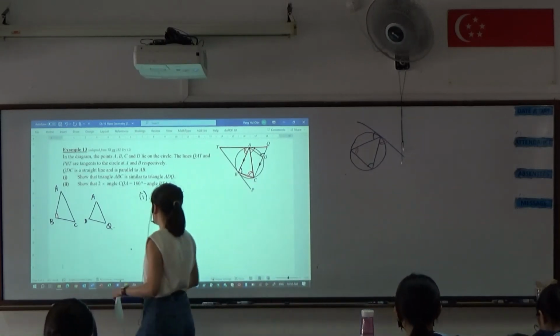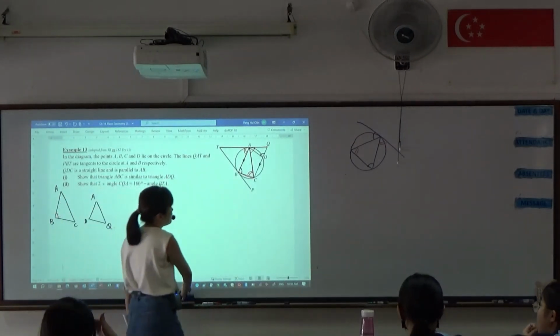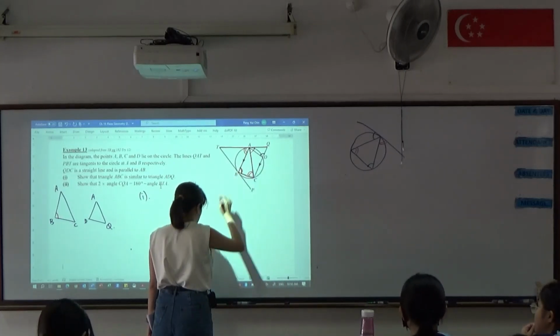Sorry, my bad. Anyway, we just identified the alternate segment theorem. So that's one way that we can see it. Just change this to red.